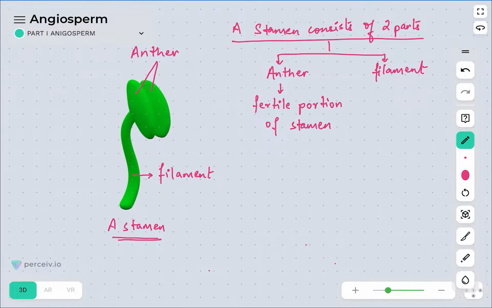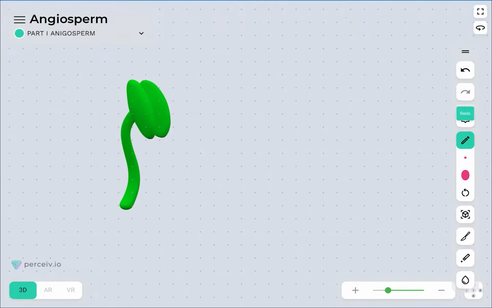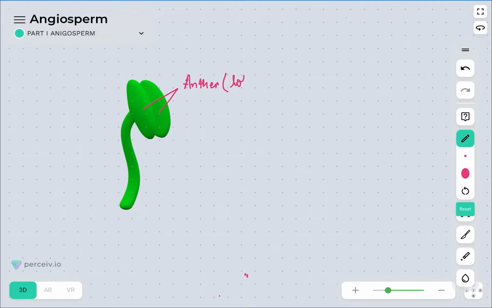If I remove these labelings, you can see on your screen that the anther is usually present in the form of lobes. They are present in the form of lobes, and as you can see, they are bilobed. So we have known that anther is the fertile portion of stamen, and it is usually bilobed.